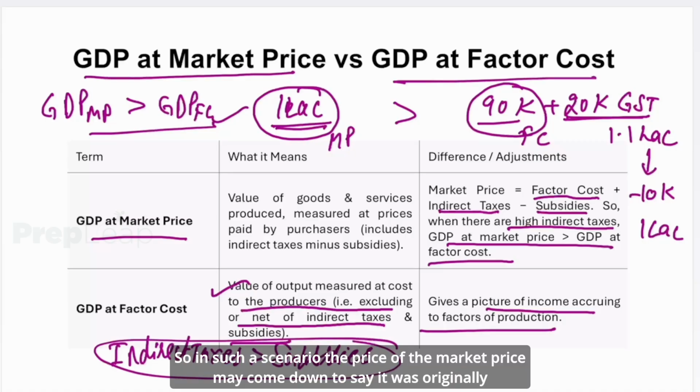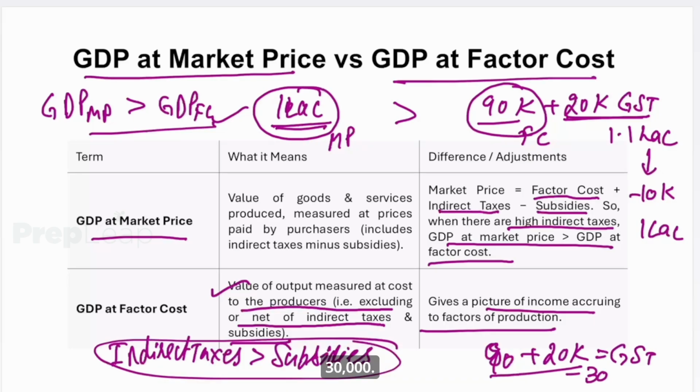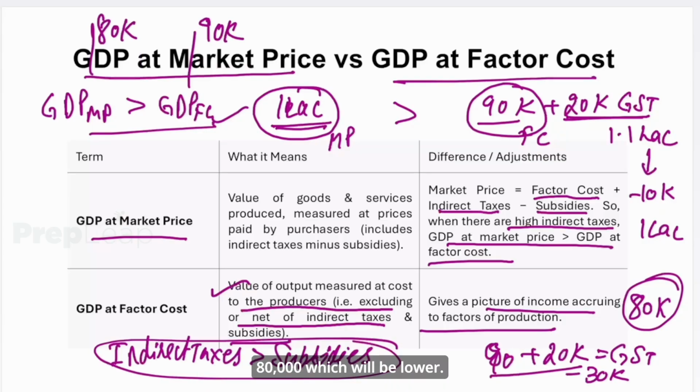So in such a scenario, the market price may come down. It was originally 90,000, then another 20,000 was imposed because of the GST, and then subtracted was another 30,000. So what is left now is 80,000 as the price. So in such a scenario, the factor cost will be 90,000, whereas the market price will be 80,000, which will be lower.